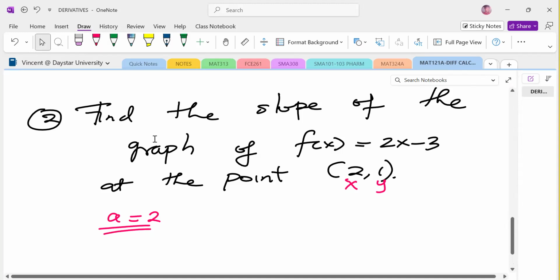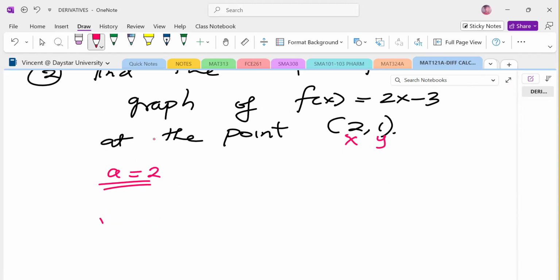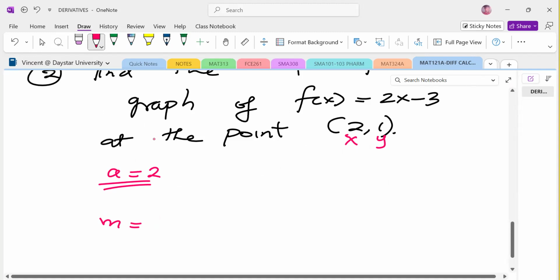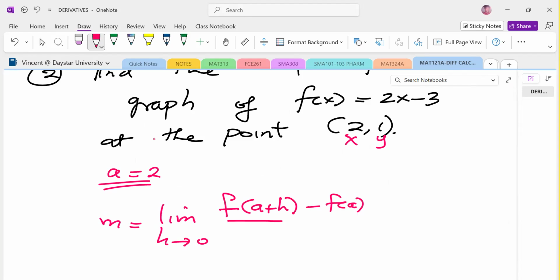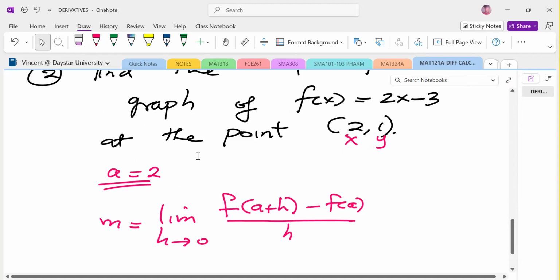So as usual, the slope m is the limit as h approaches 0 of f of a plus h minus f of a, divided by h. So in our case, a is 2.